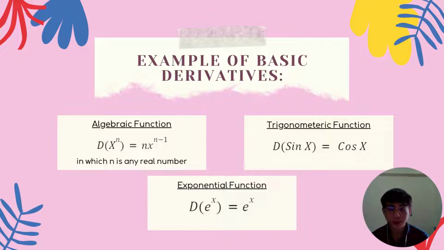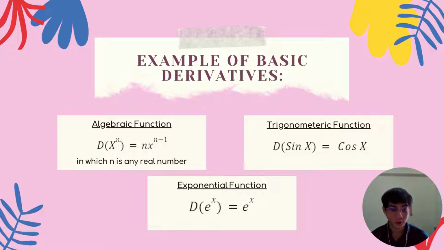Here are the three basic derivatives. Number one is the algebraic function, in which the derivative of x to the power of n will equal n multiplied by x to the power of n minus 1, in which n is any real number.